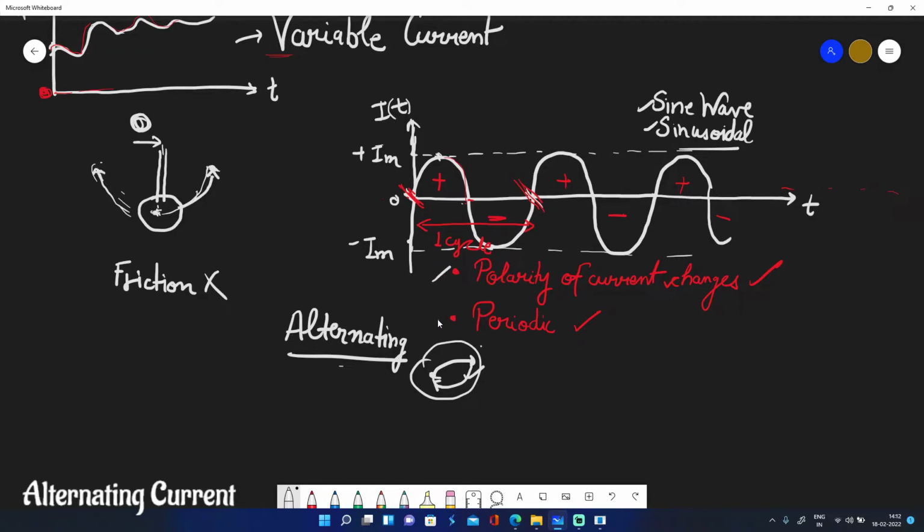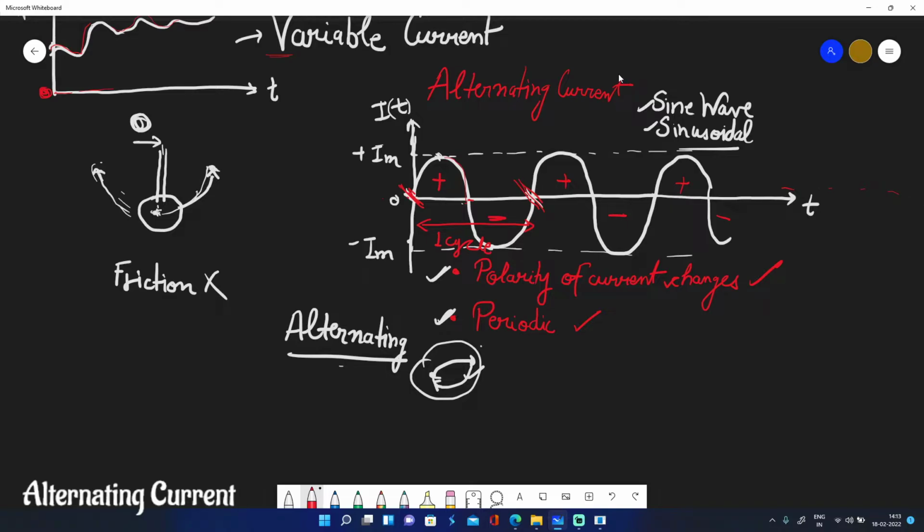Since this waveform follows those conditions, you can say that this is actually alternating current.